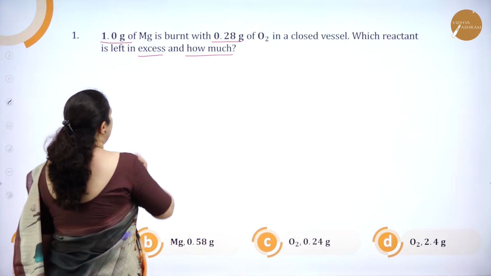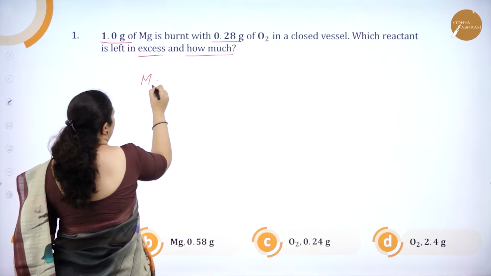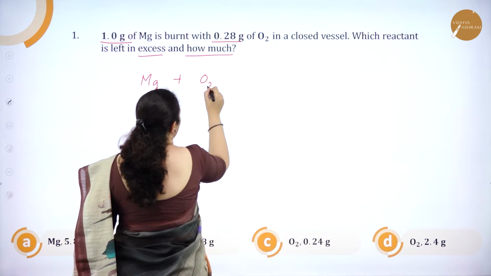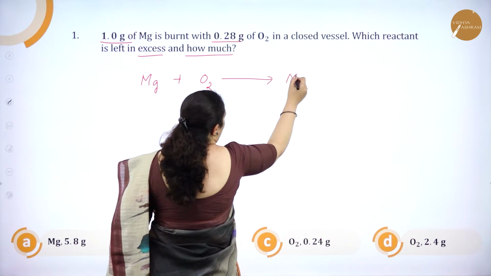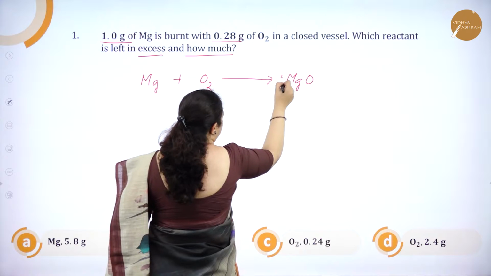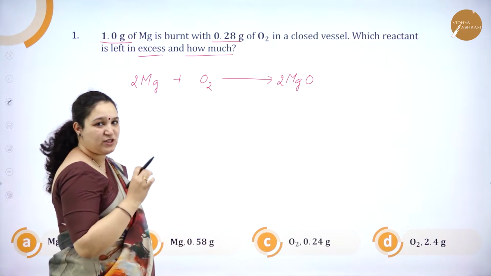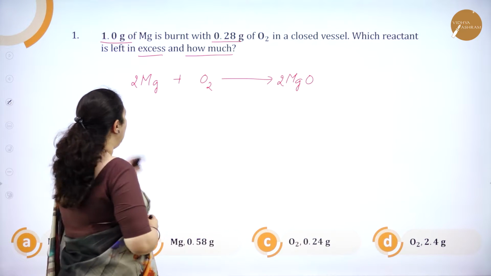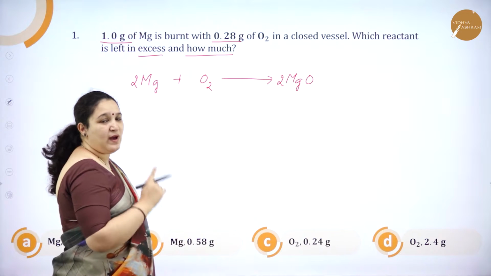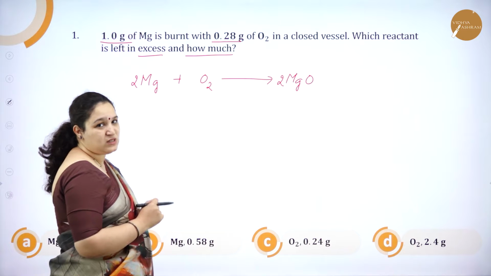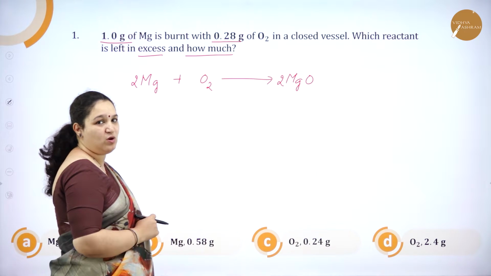So we'll write the equation. Magnesium plus oxygen gives magnesium oxide. From this balanced chemical equation, you will get to know that 2 moles of magnesium requires 1 mole of oxygen to give magnesium oxide.